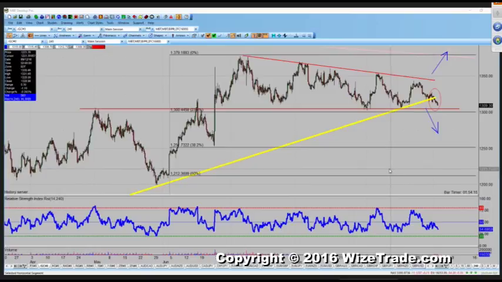We're just a few points from breaking down. See, I don't want to take too much of my dollars off the table right now, because if gold breaks, the dollar is going to start ripping.